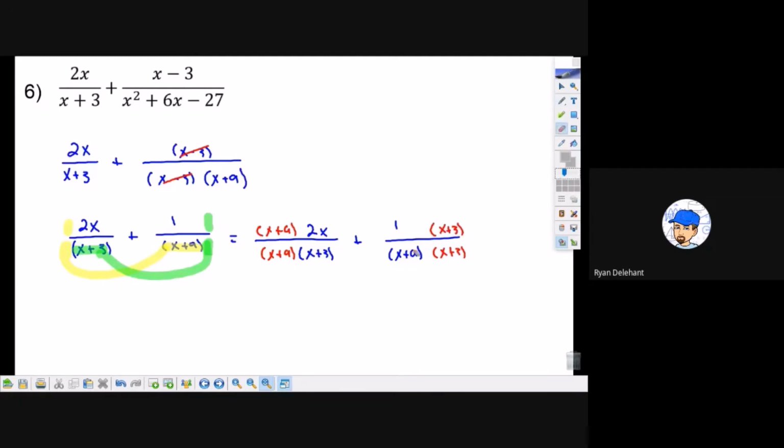Don't worry about multiplying out your denominator because you want your fractions to stay factored. The top is the only part we need to worry about multiplying out and then factoring again. So this is going to turn into one fraction with x plus 9, x plus 3 on the bottom.